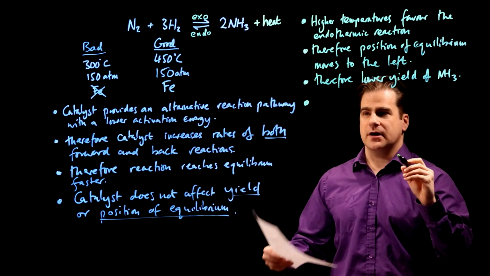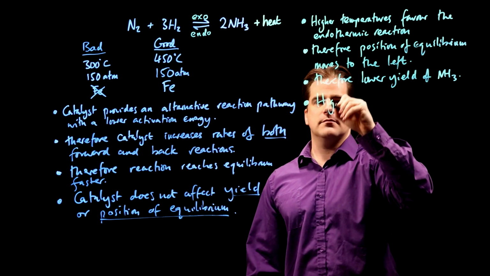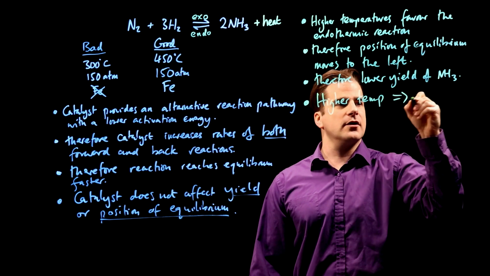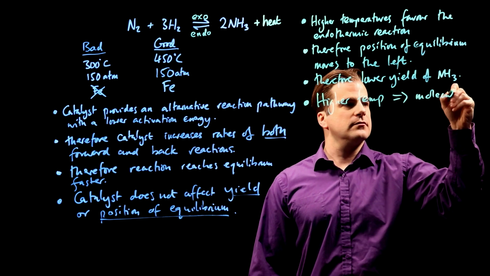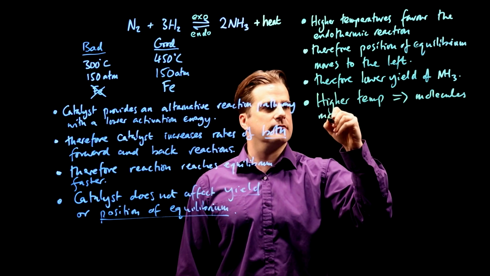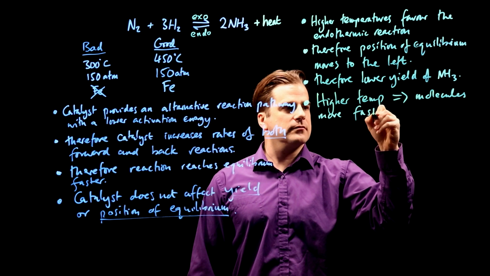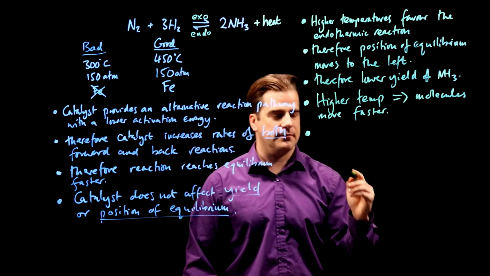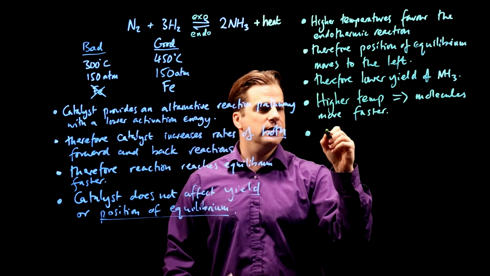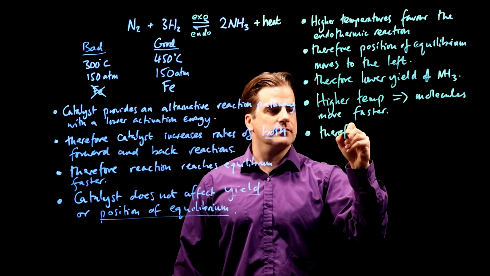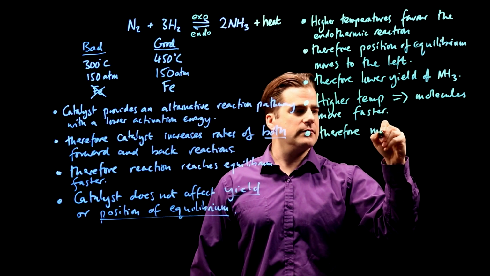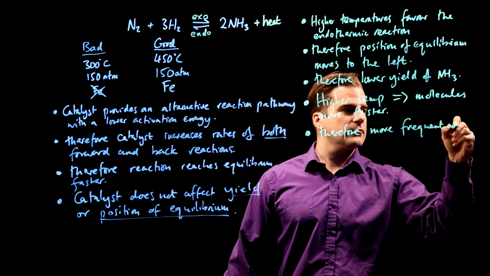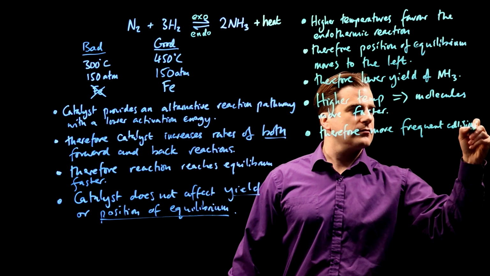If you have a higher temperature, so higher temperature means molecules move faster. Obvious, right? But write it down. You might get a mark. You probably will. Okay? Therefore, more frequent collisions. Okay?